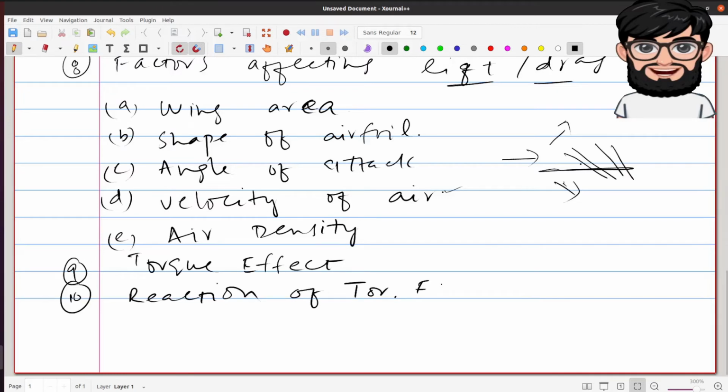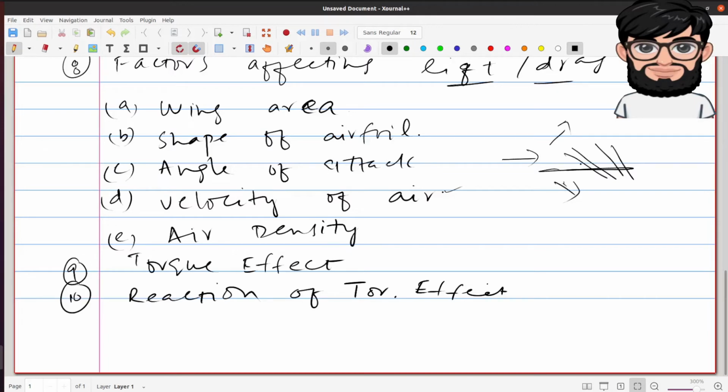This torque effect. So there are two things. In flight, the torque reaction is acting around the longitudinal axis, tending to make the airplane roll. To compensate, some of the older airplanes are rigged in a manner to create more lift on the wing that is being forced downward.